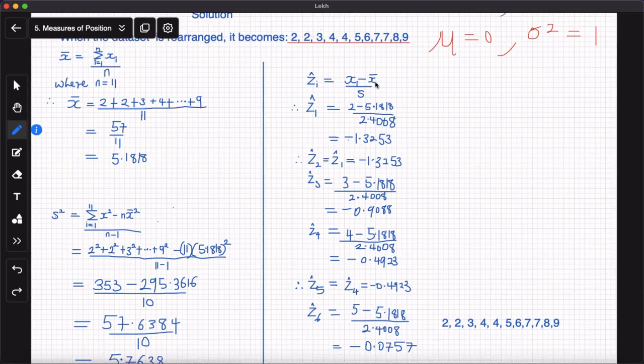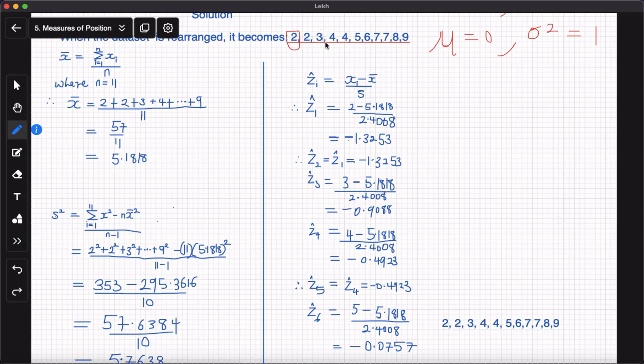So how do we obtain the z-scores now? The z1 will be 2 minus the mean divided by the standard deviation, and that will give us this. So z2 will be equal to z1. Why? Because z1 is 2 and z2 is also 2. Now z3 will be 3 minus 5.1818, divided by the standard deviation again.